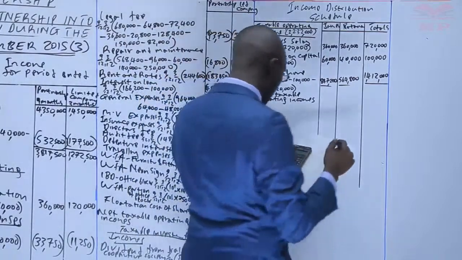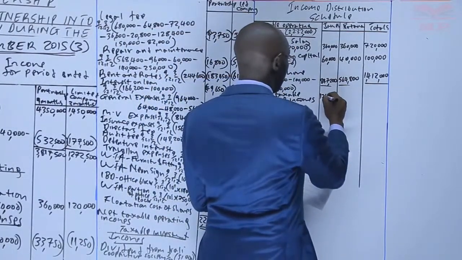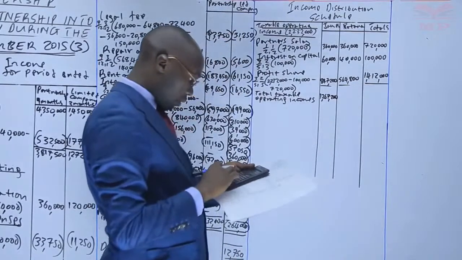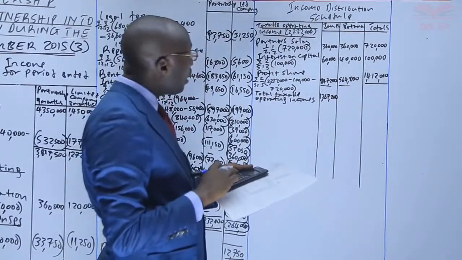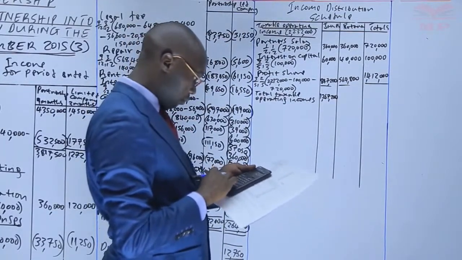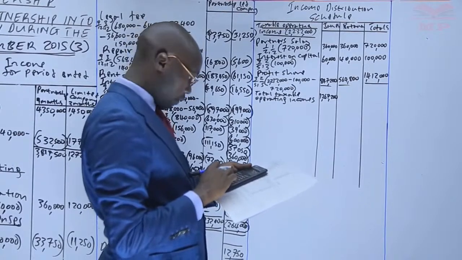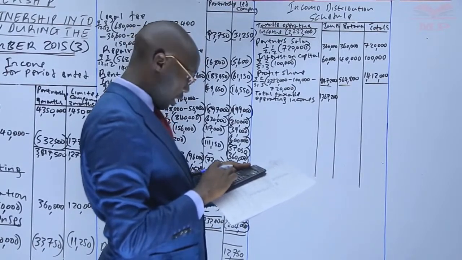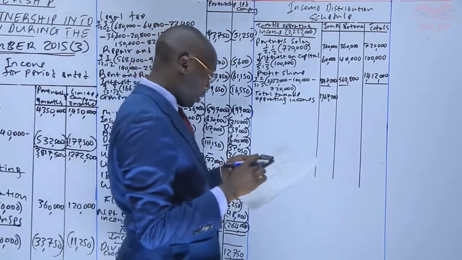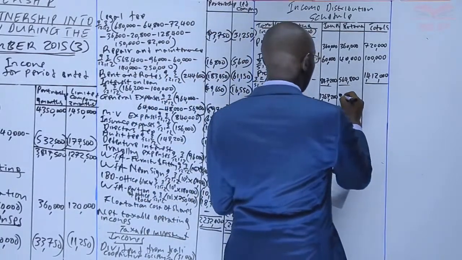This one got 1,267,200. The other one is 360 and 40 and 564,800. That is 964,800.